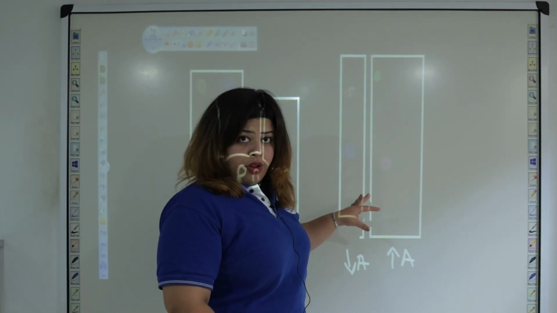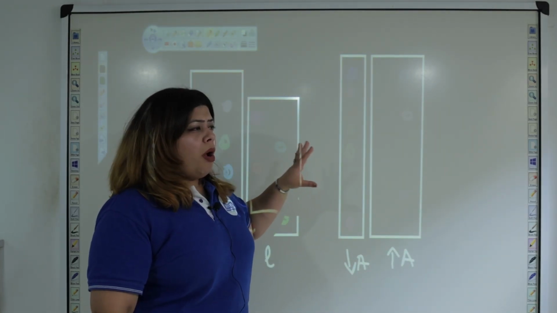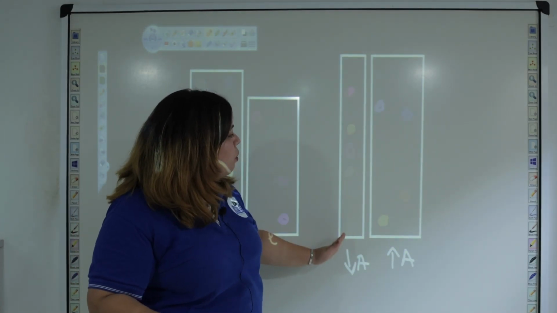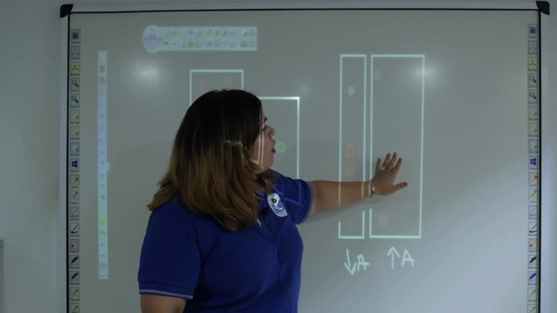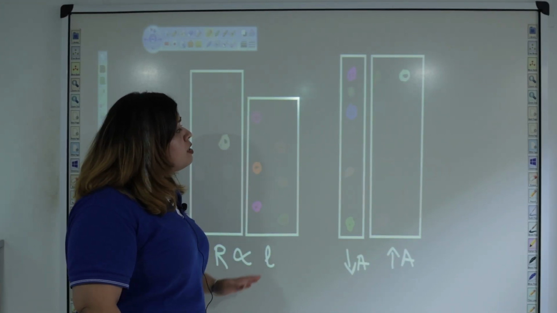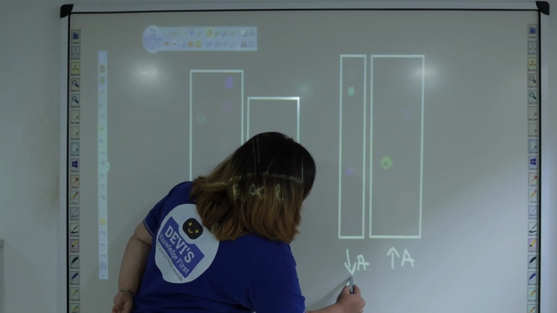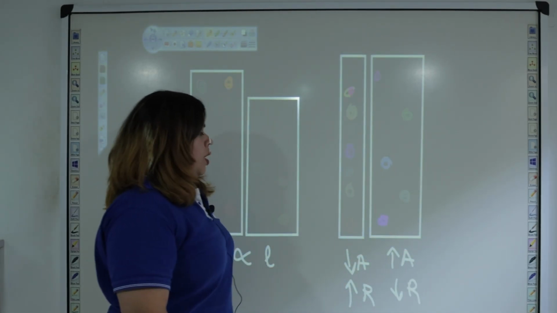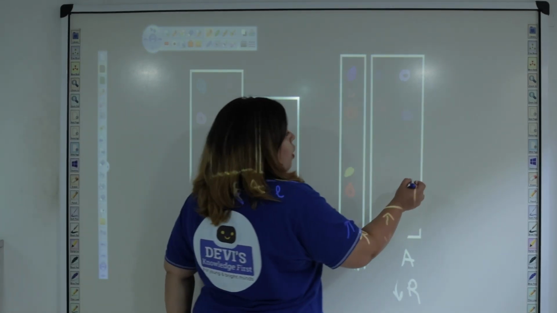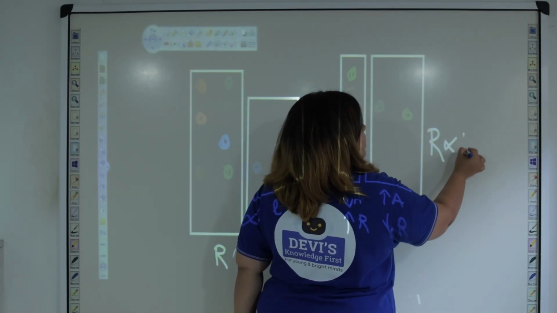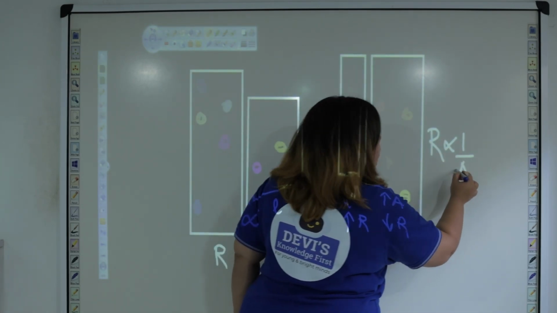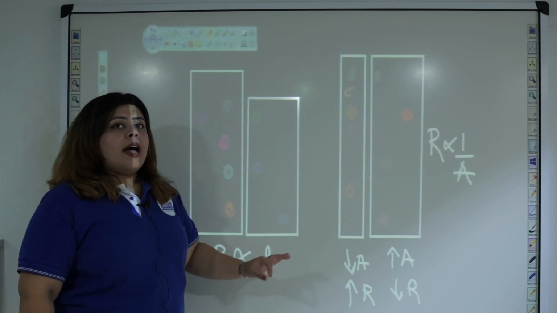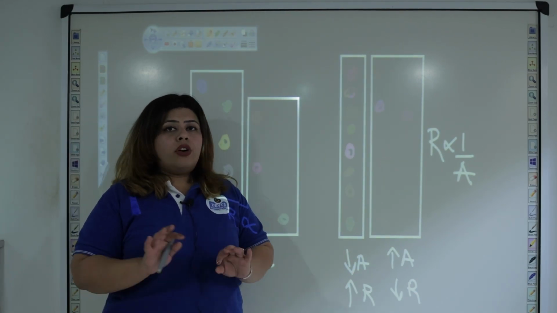If you look at it properly, traffic is more on the narrow one and less on the broad one. There is a lot of space here. So what does this mean? There is more resistance on this one and less resistance on this one. This exactly denotes that resistance is inversely proportional to the area or the thickness of the wire. And this is the easiest example for you to remember the factors and not get confused.